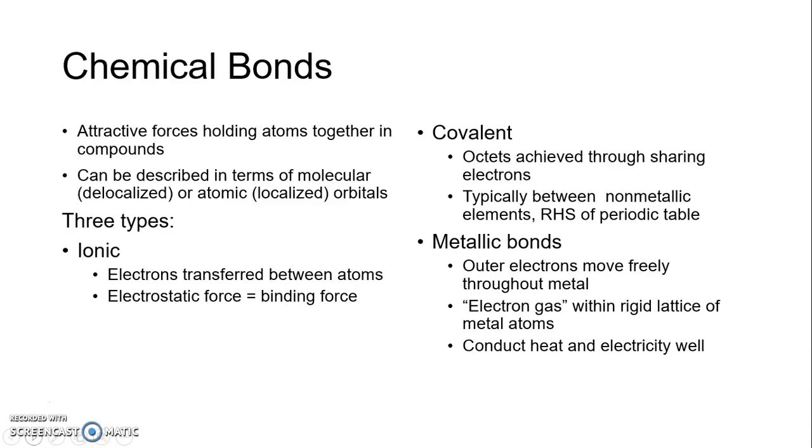This is typically done with nonmetallic elements. In other words, the elements on the right-hand side of the periodic table. And then we also have metallic bonds, which is where you have a number of metallic atoms together, and the electrons just jump atom to atom. The electrons just move freely throughout the metal.